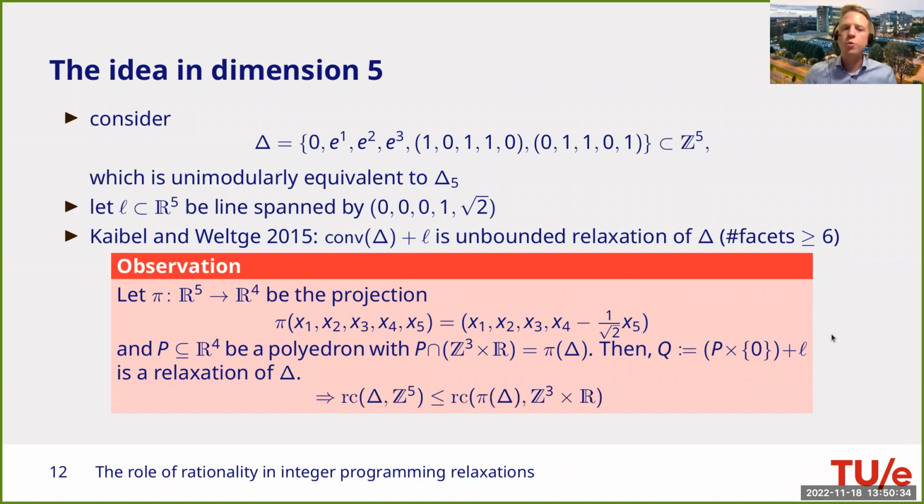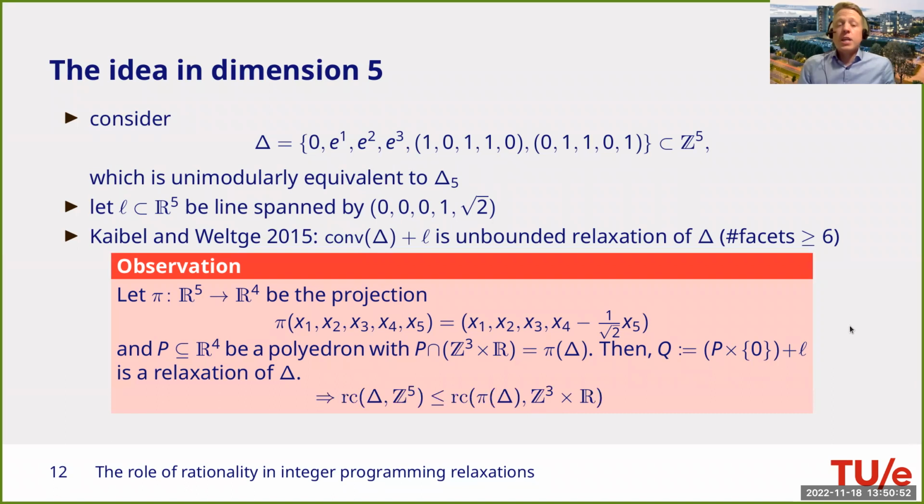And by doing so, we can relate the relaxation complexity of the original set of integer points with a mixed relaxation complexity of a set of projected points, because this construction yields a relaxation for the mixed integer set of points.